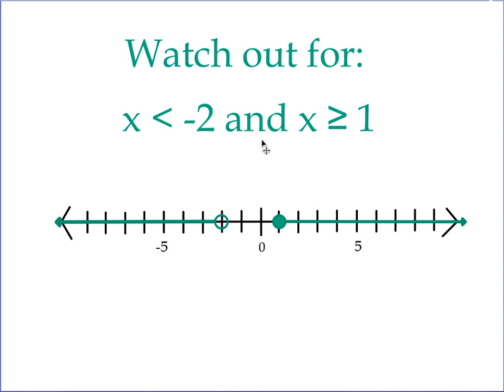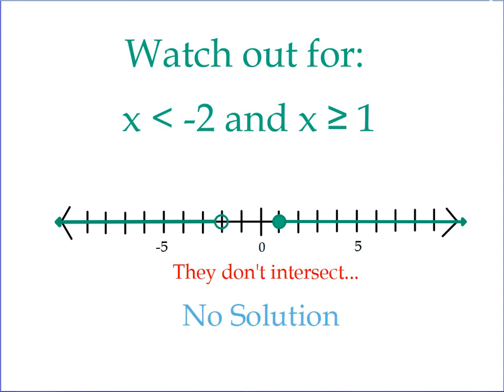That means the intersection of the two inequalities. Since these don't intersect, we have no solution. So we would write no solution, or we could use the empty set symbol to indicate that there's no solution.